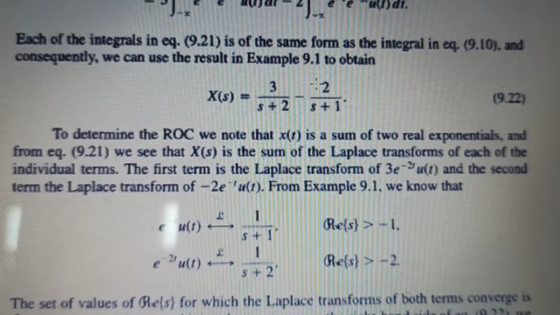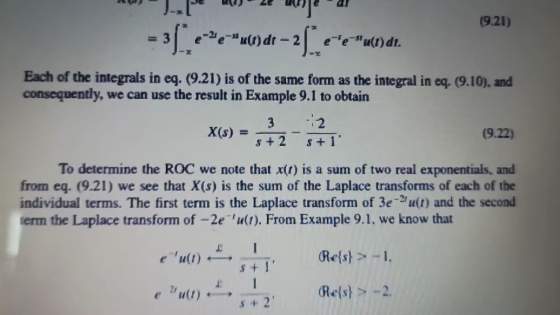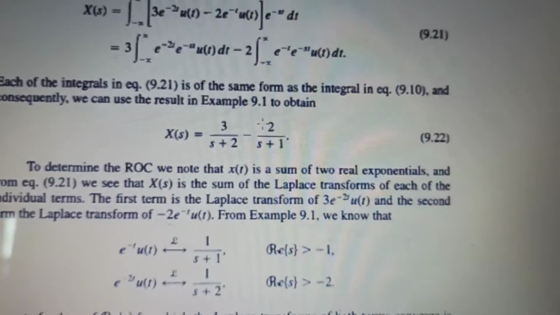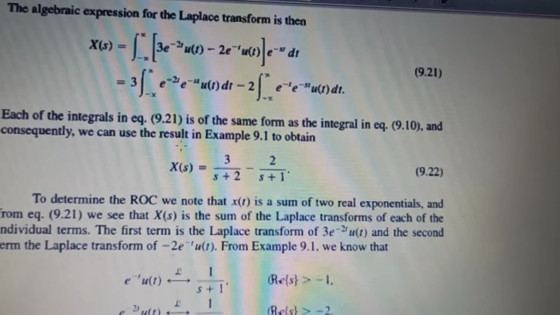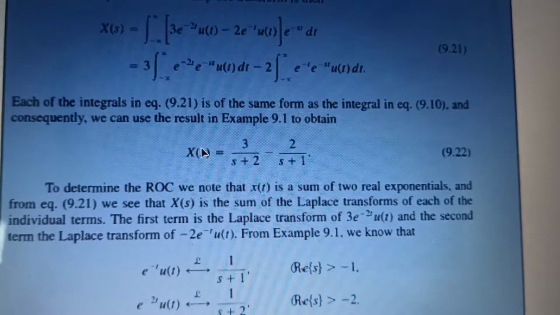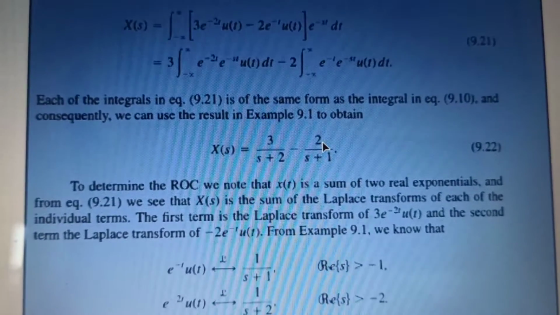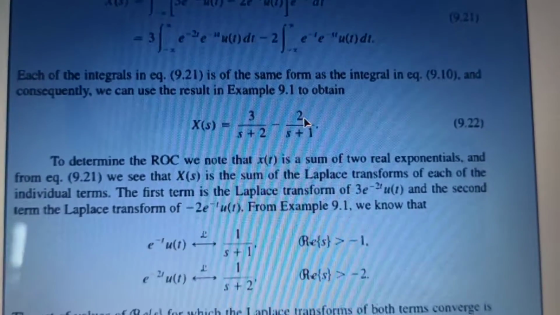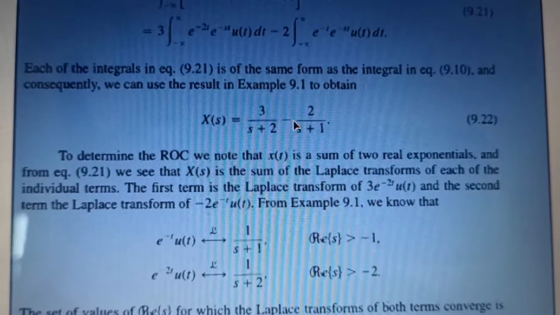So the zero of this polynomial X(s) will be s minus 1 equals 0, so s equals plus 1 is the zero of this polynomial. Correct?